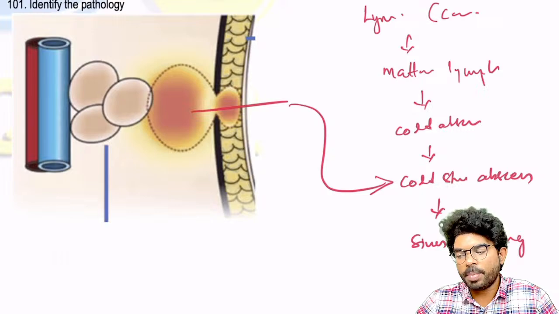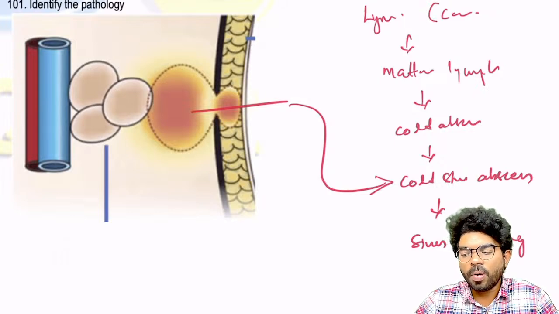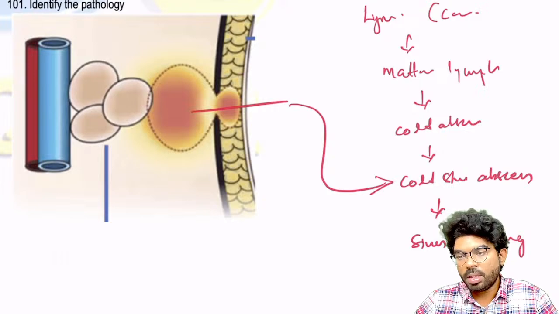Broad spectrum antibiotics IV. Right, very good. Next one, 103. A 55-year-old male patient with poorly controlled diabetes presented with severe pain in the lower limb, which has rapidly progressed over the past 12 hours.